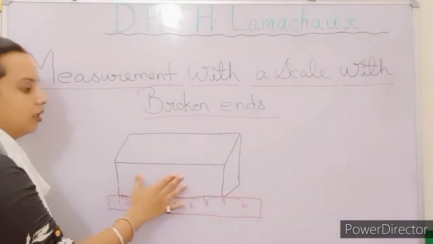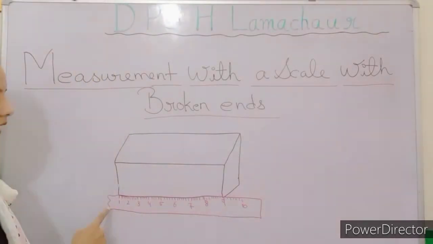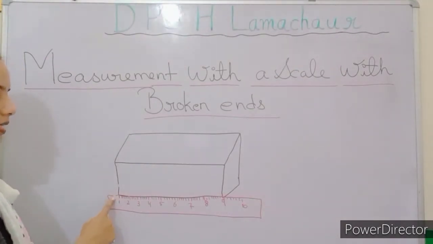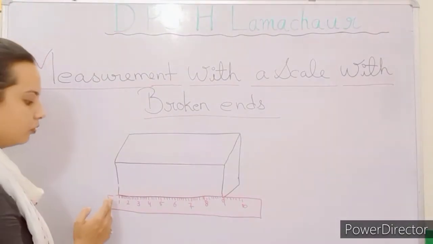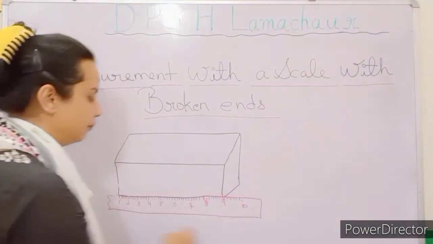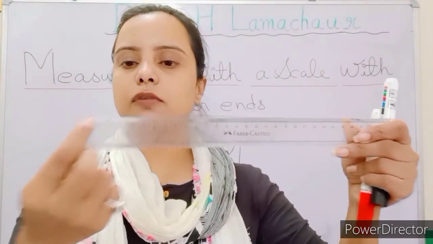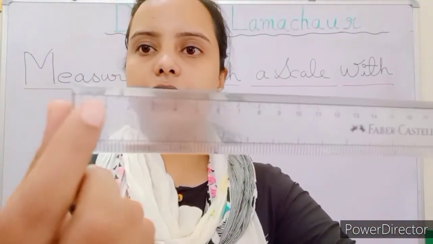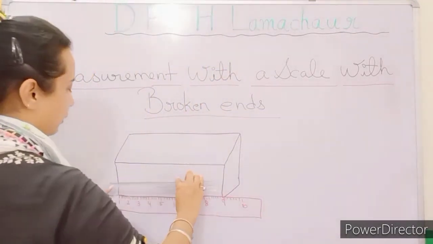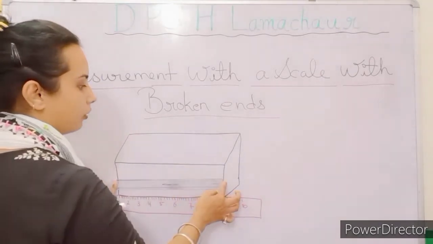For example, here beta, you have this box and you have to measure the length of this box, and here is a broken end scale. So this 0 part, as you know before, 1 0 is there, and this scale is broken, so now you have to measure it with the 1. तो आपको क्या करना है, अगर आपका यहाँ से ये टूट गया है स्केल, so from the 1 point this, ठीक है, आपकी जो ये 1 है पॉइंट, यहाँ से you have to take the measurement. ठीक है, अब आपने यहाँ पे इसको ऐसे रखेंगे from the 1 end and then you have to take the measurement of this box.